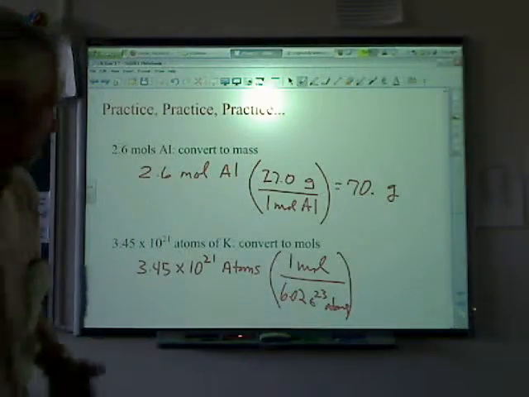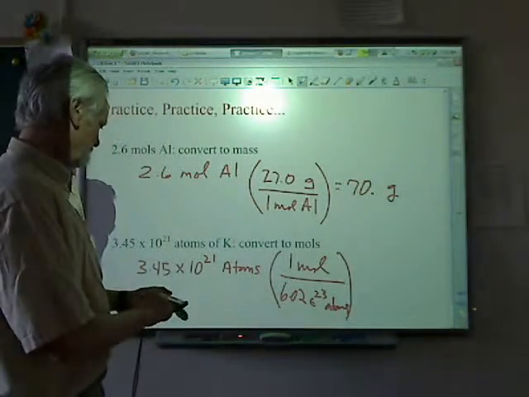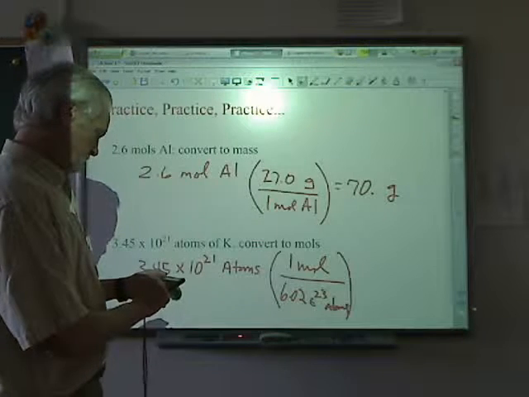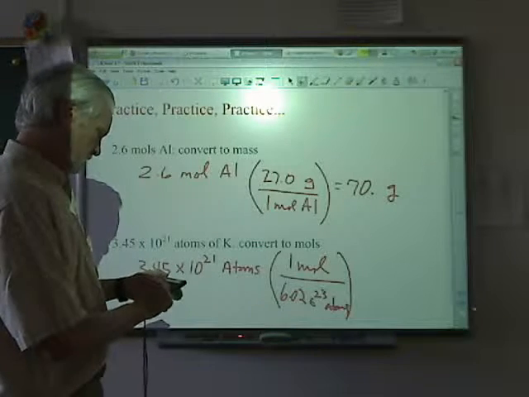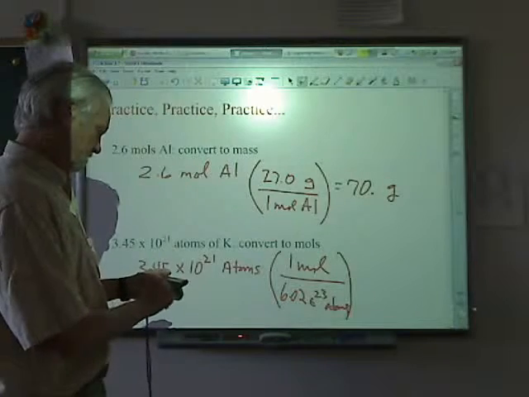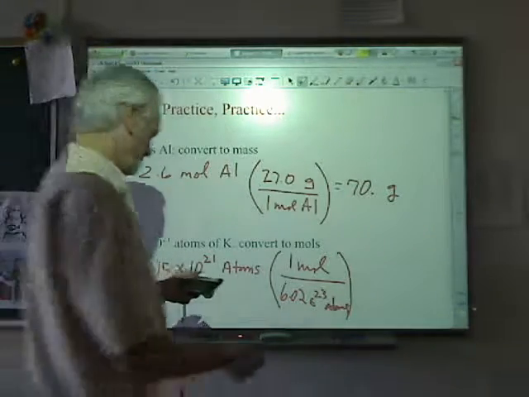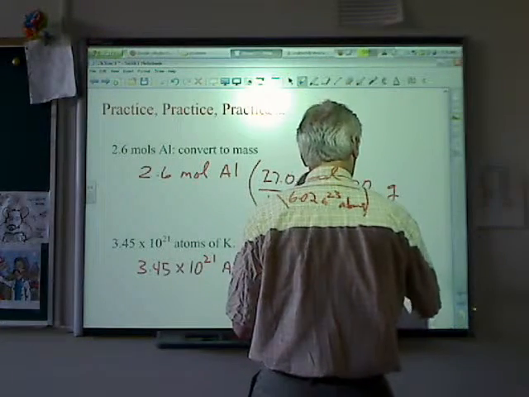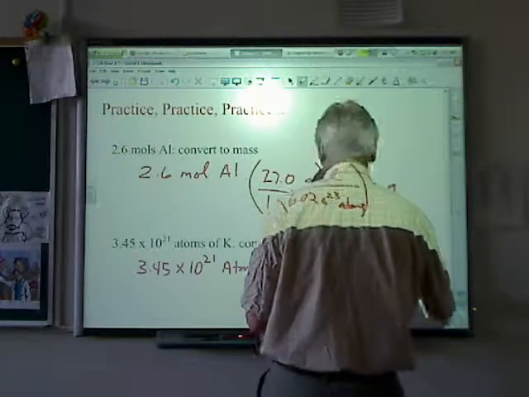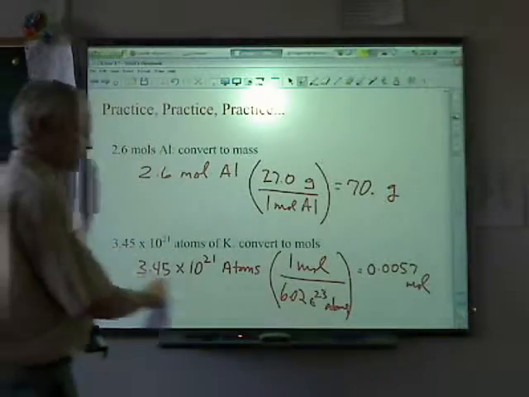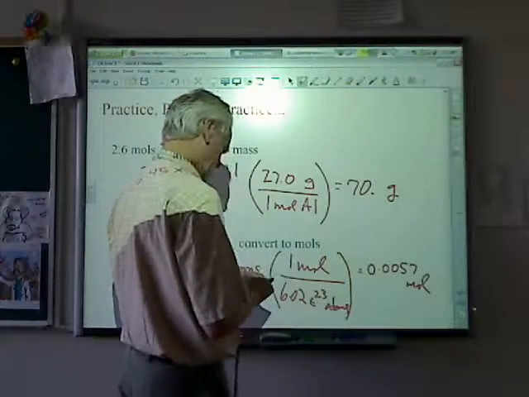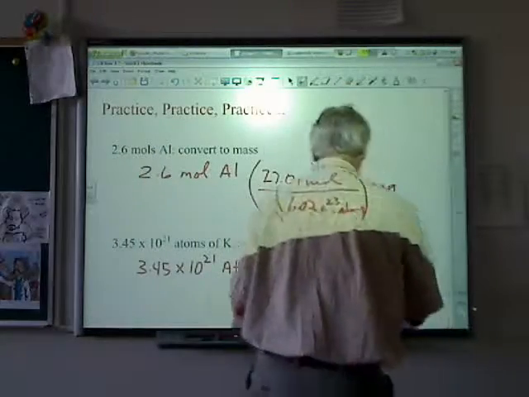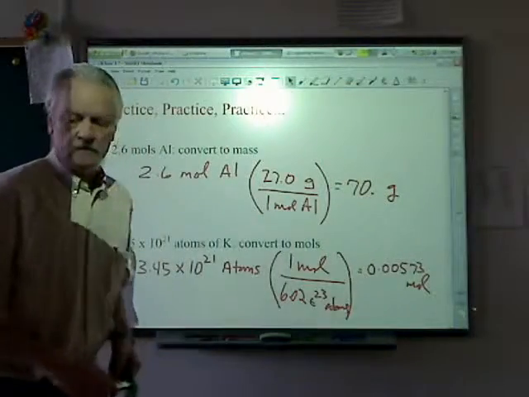All I've got to do here is divide by Avogadro's number, and I get 0.0057 mole. Notice I've got 3 significant figures here, 3 significant figures here, so I can actually add another significant figure there, and there's my answer.